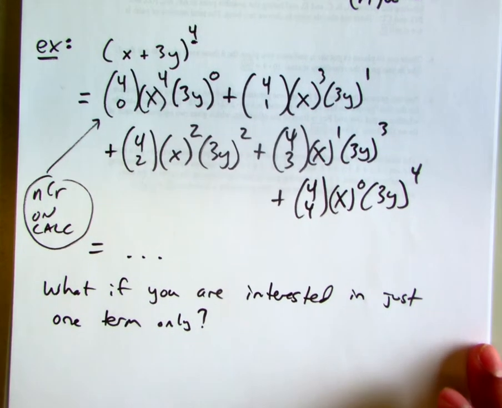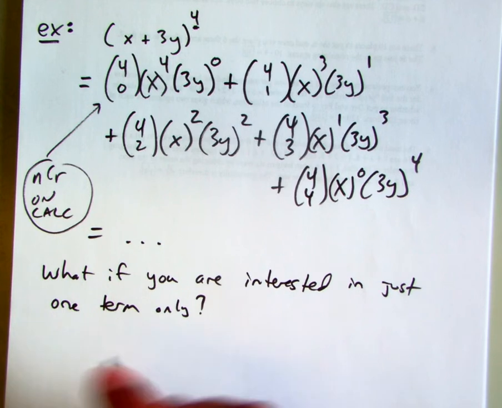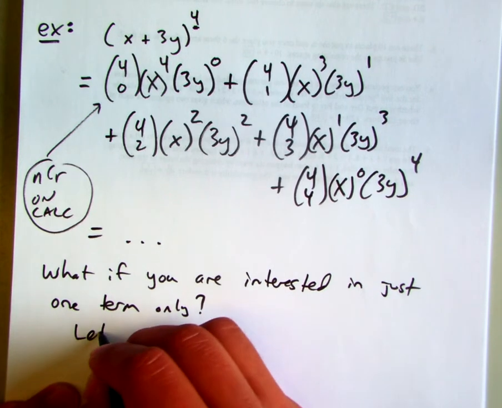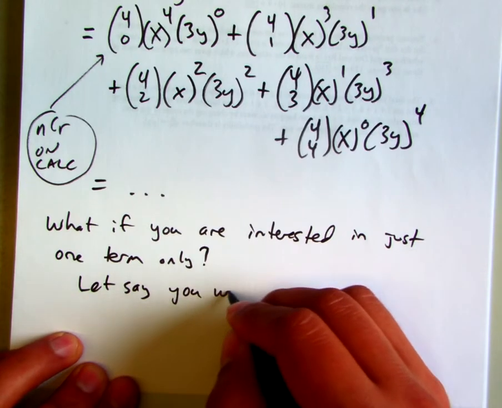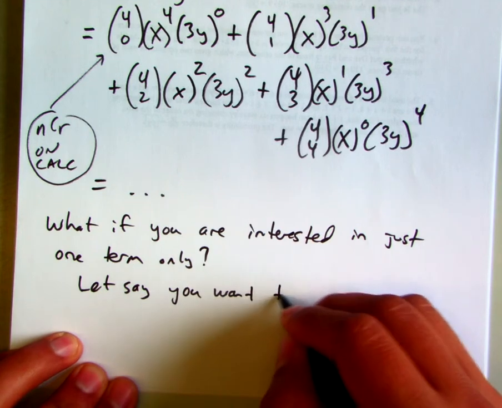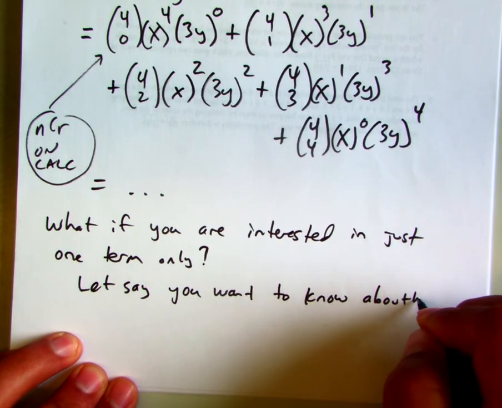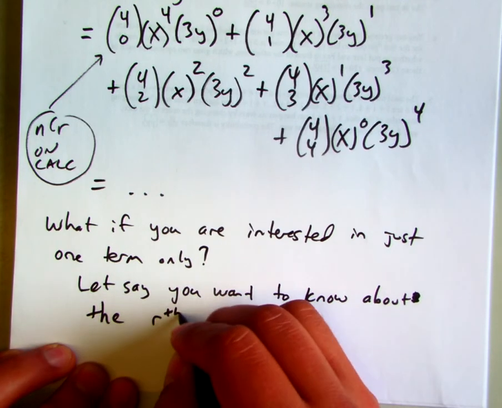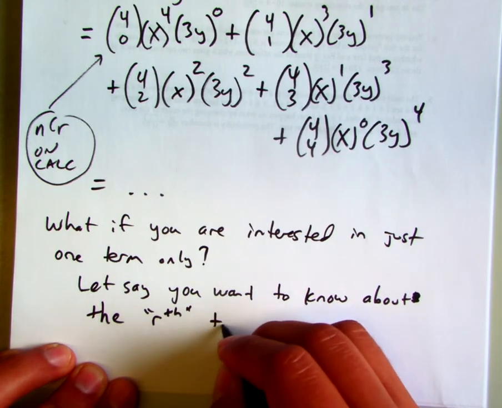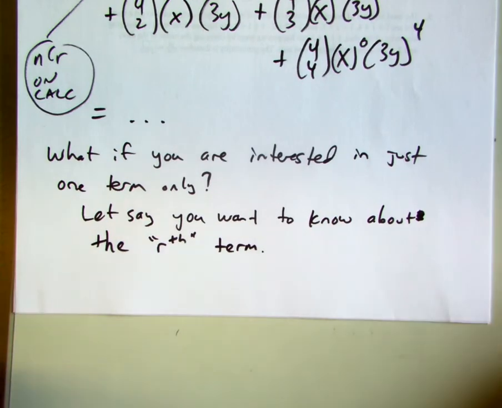Here's how we're going to do this, and let's see if we can figure this out. So let's say you want to know about the, let's call it rth term, where r could be any number that's less than or equal to n.